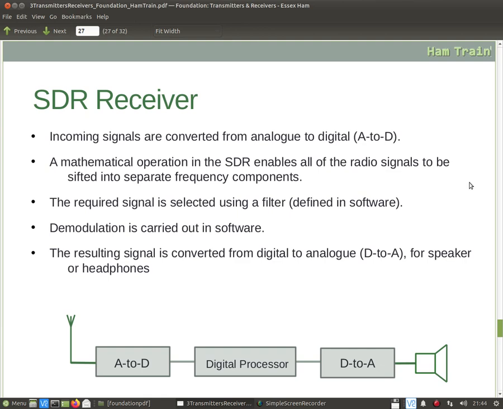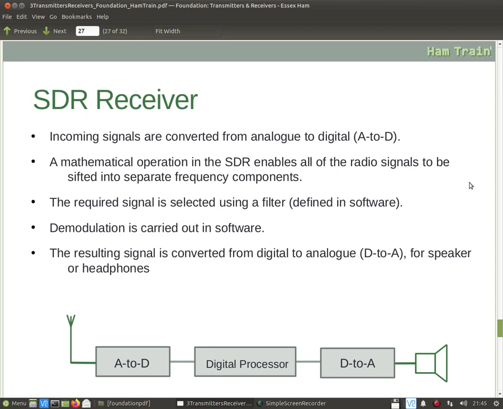Incoming signals are converted from analog to digital, also known as A to D. A mathematical operation in the SDR enables all of the radio signals to be sifted into separate frequency components. The required signal is then selected using a filter defined in the software itself. Demodulation is carried out in software also, and the resulting signal is converted from digital back to analog, or D to A, for a speaker or headphones to then play.